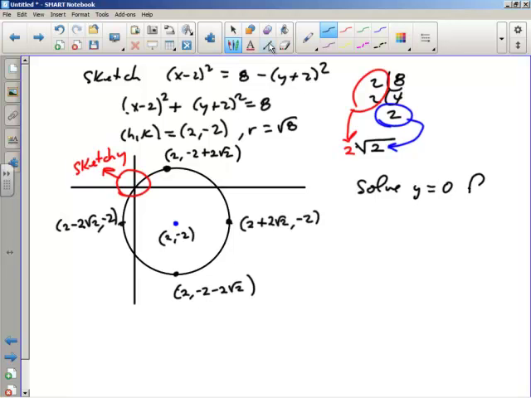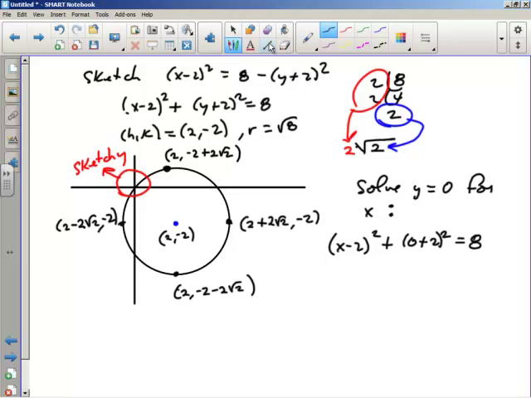In the future, we might want to solve y equals 0 for x. So that would be something like this equation, which I'm not going to solve today.